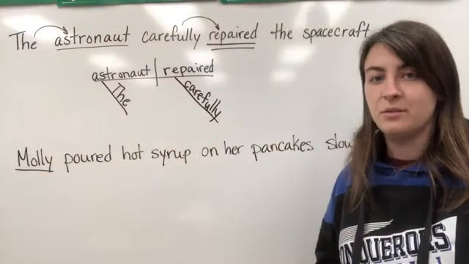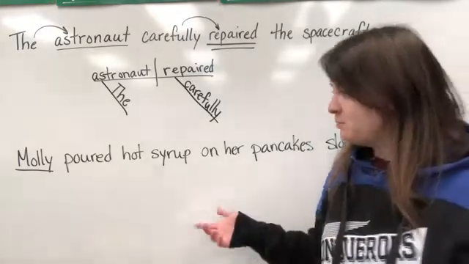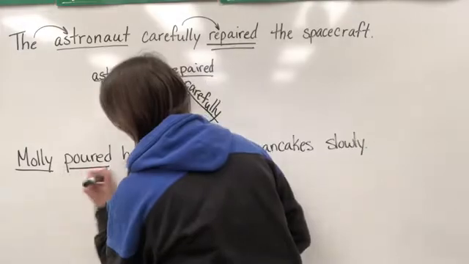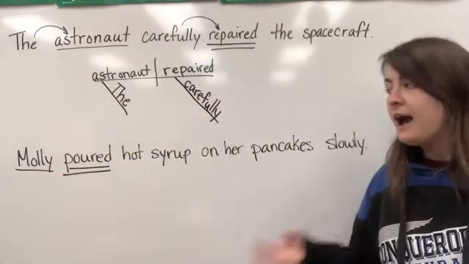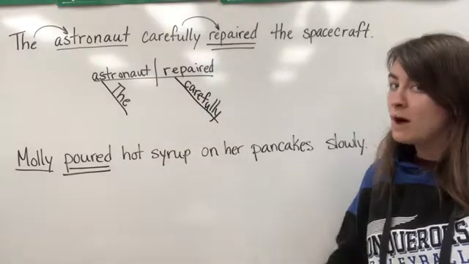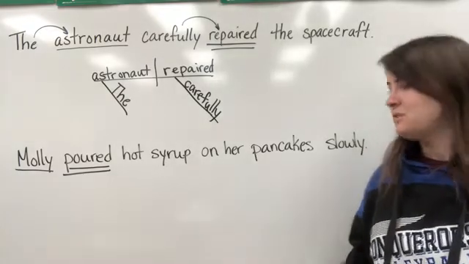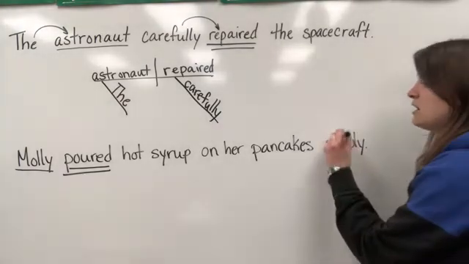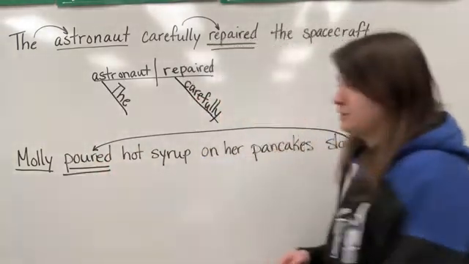What's the action that Molly is performing here? That's right, poured. She's pouring something. That's an action. Now, are there any words describing how Molly poured? Not what Molly poured, but how she's doing it. That's right, slowly. Slowly is an adverb describing poured.